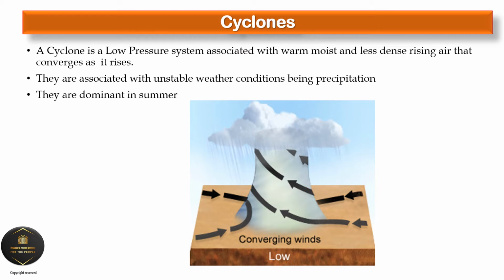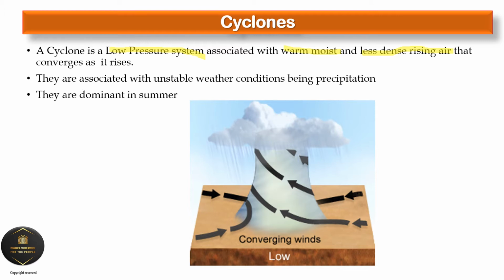Now, a cyclone, remember, is a low pressure system, and we said this system is associated with warm, moist, less dense rising air. So you see now, we are applying all those rules and putting them into context.